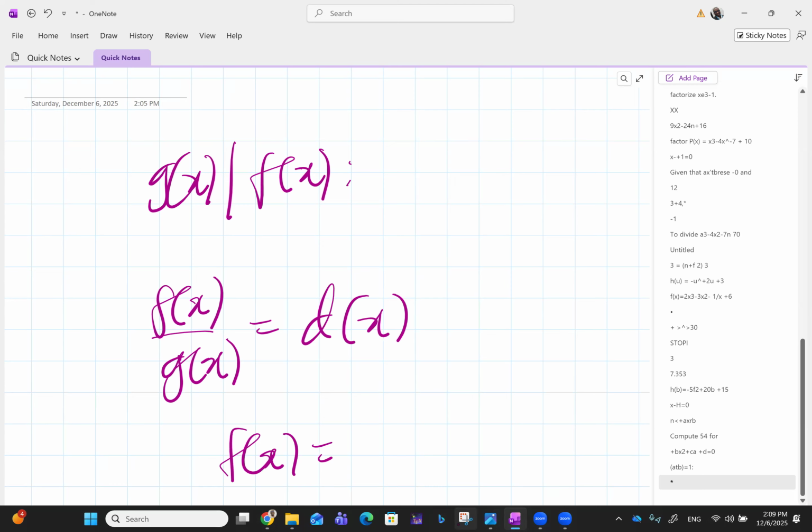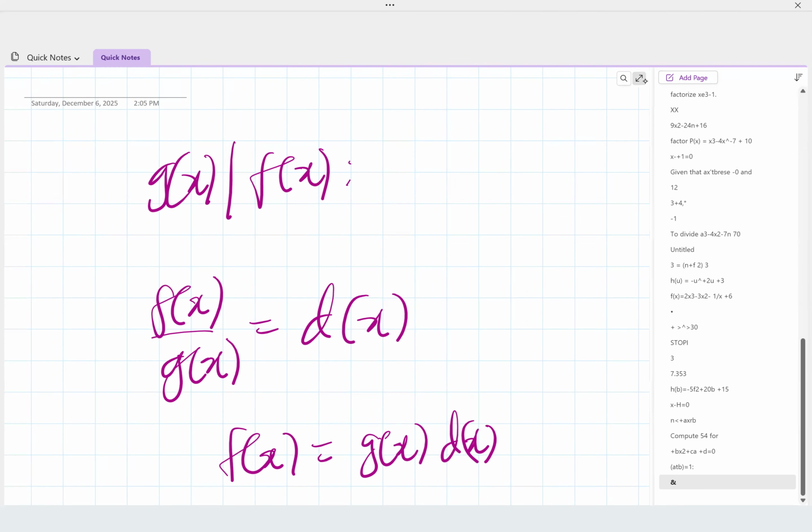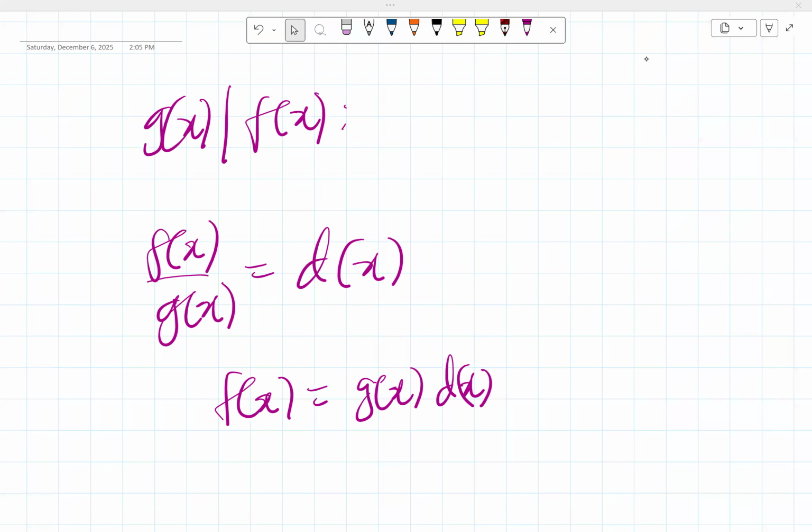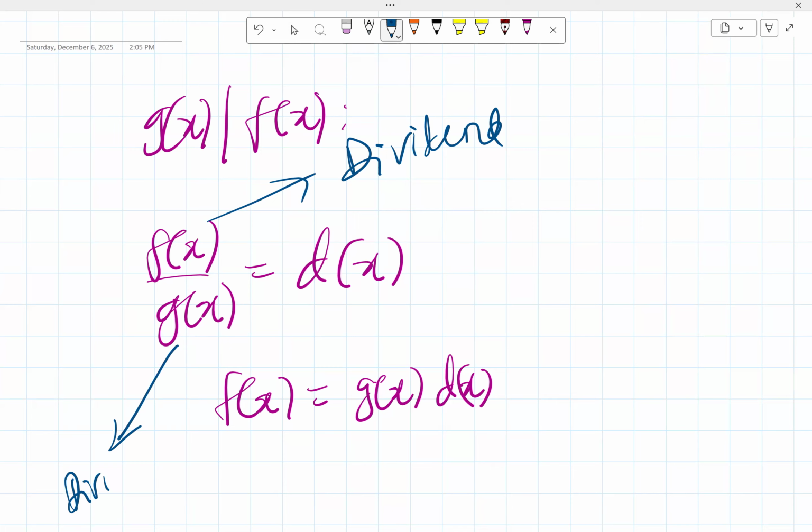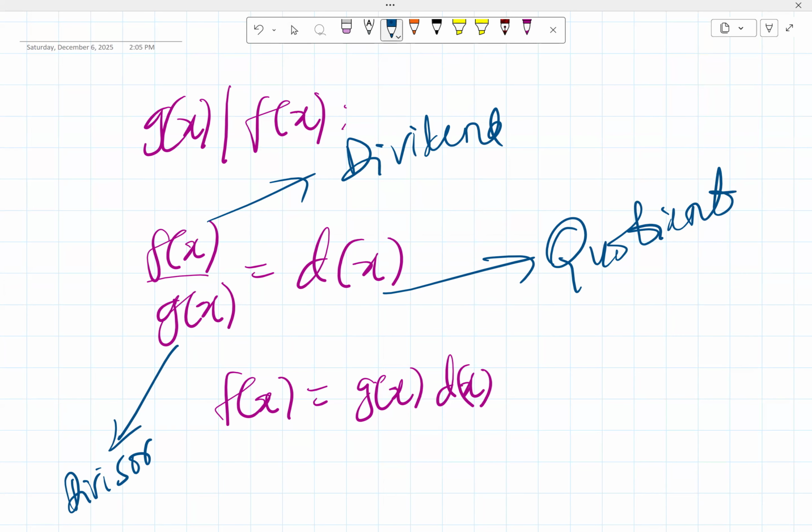From previous ideas that we talked about before, this f of x can be seen as the dividend. It is what you're dividing. g of x is the divisor, what you're using to divide, and d of x is what you call the quotient. And sometimes you have remainders, okay? But we're talking about divisibility.